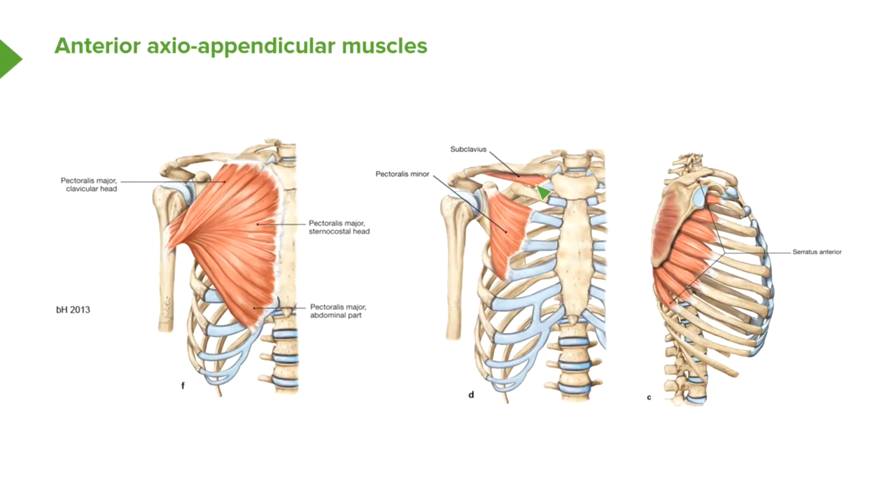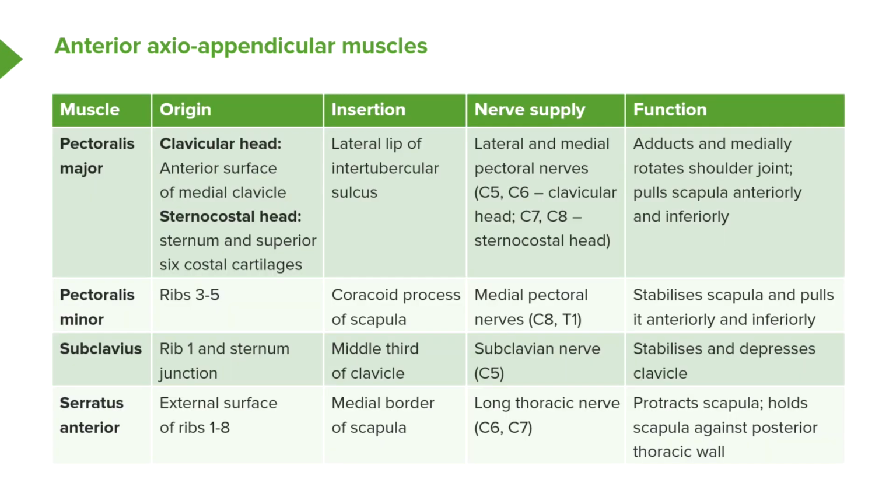Running underneath the clavicle, running from the first rib to that groove for subclavius that I spoke about again in the first lecture, on the inferior surface of the clavicle, we've got subclavius muscle we can see here. Running from the sternal aspect of the first rib all the way over to the clavicle. And here we can see these anterior axio-appendicular muscles. We'll cover serratus anterior in a moment.